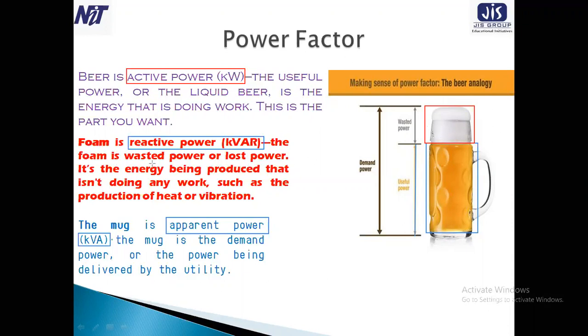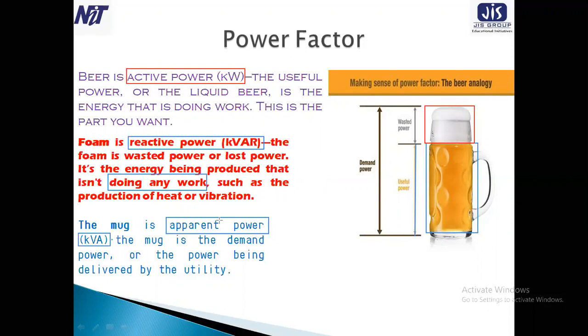The foam is wasted power or lost power. So this foam is wasted or lost power. It is the energy being produced that isn't doing any work, such as the production of heat or vibration.